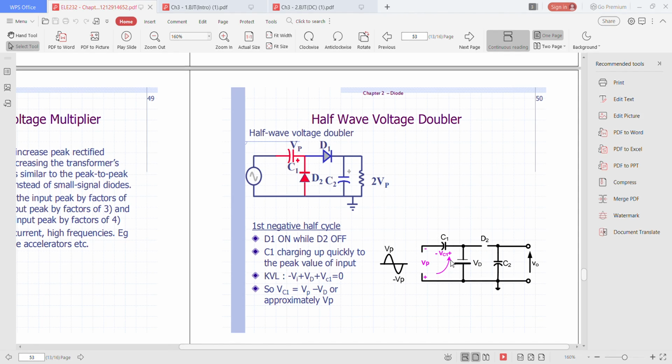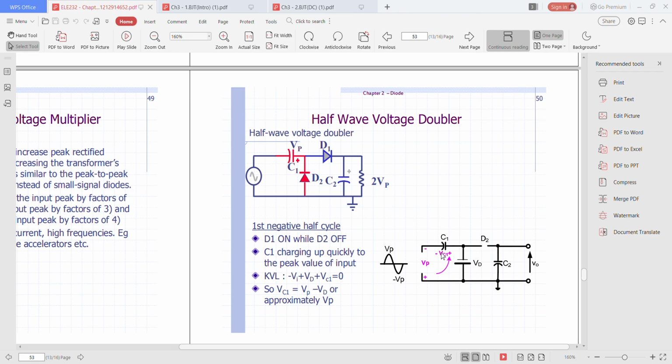So by looking at the purple arrow here, the equation involved during the negative half cycle is, now it depends on your polarity. If you choose the polarity to be at the first terminal, the equation will be minus Vp plus Vd and plus Vc1.